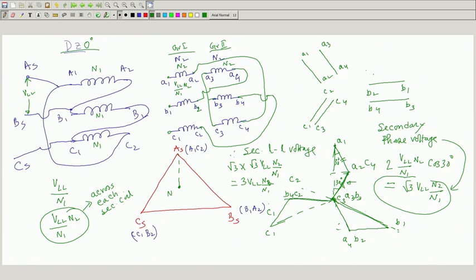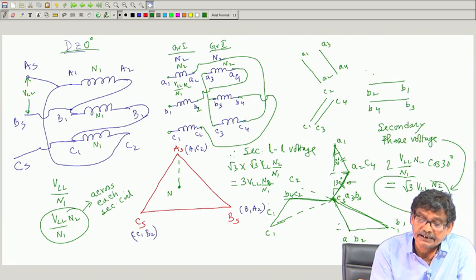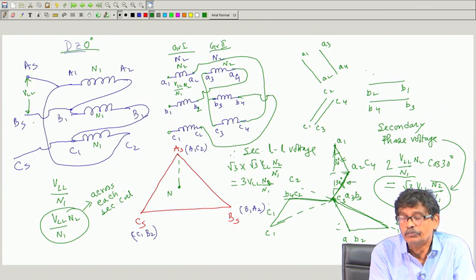Similarly, try on your own the star zigzag connection. If the line to line voltage is known, what is going to be the phase voltage and the line to line voltage?